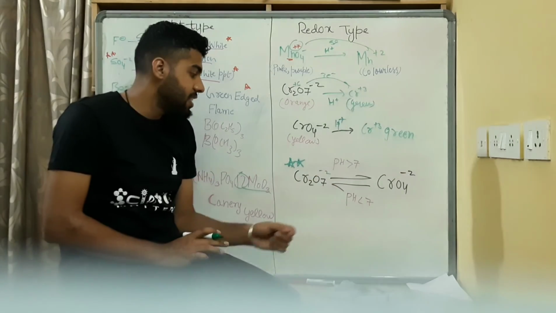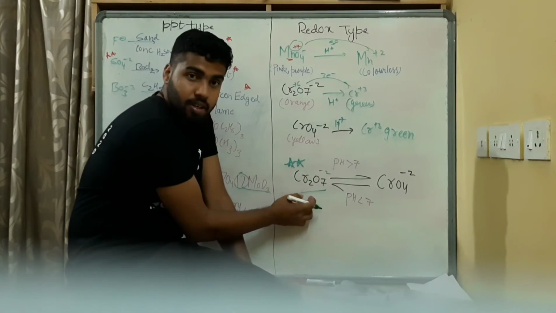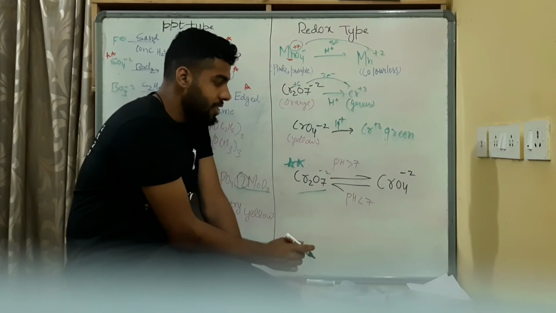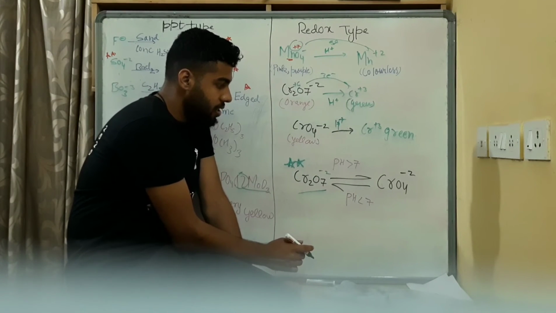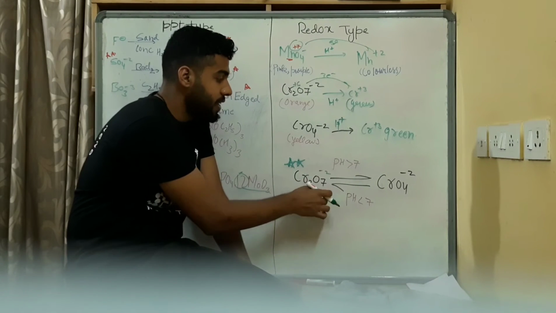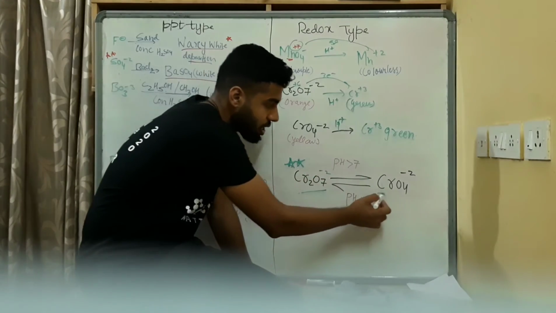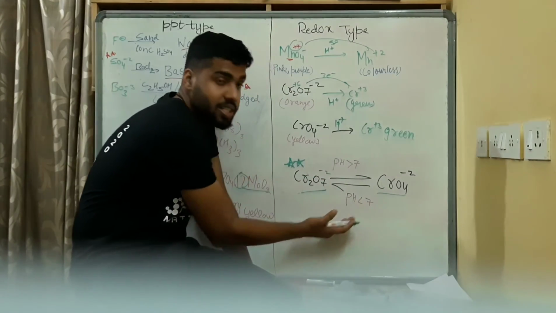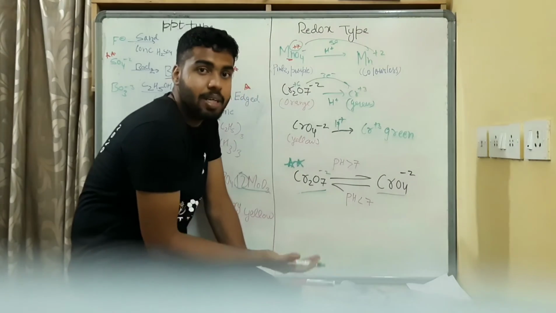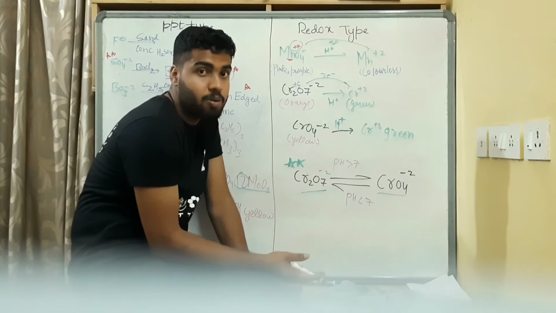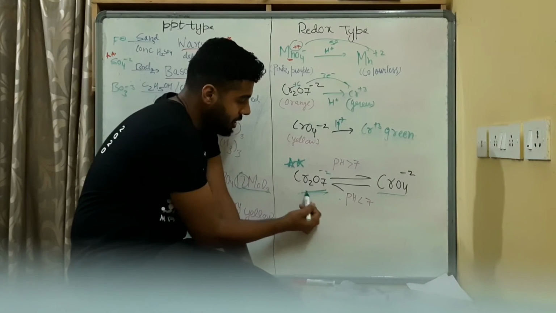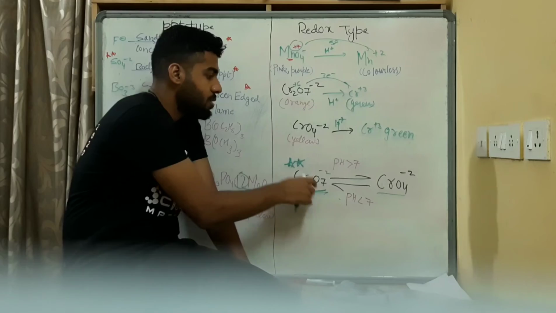If you increase the pH, Cr2O7 2- goes to CrO4 2-, and if you decrease the pH, that is making the solution acidic, with more concentration of H+ in the solution, you'll yield Cr2O7 2-. The color of the two species is different.